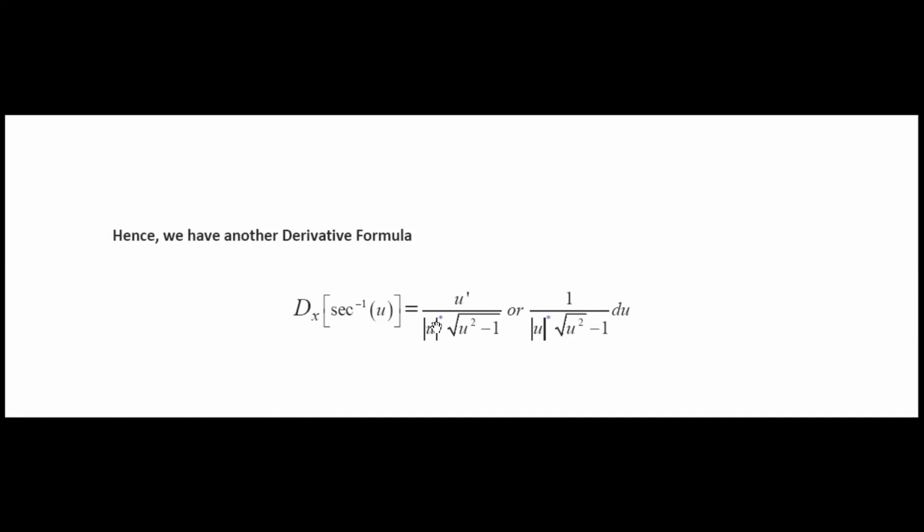Put a little star, an asterisk, next to the absolute value sign in case you're using a text that doesn't include the absolute value around the u. Probably in most textbooks, the problems they assign you to work don't require you to use the absolute value of u, and you probably won't notice this to be a dramatic factor in working problems with the derivative of inverse secant of u.